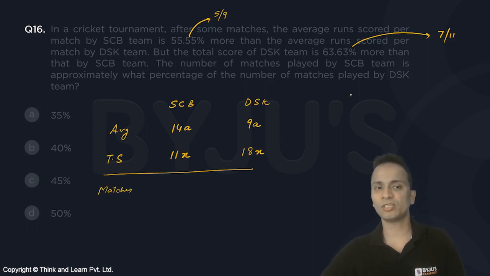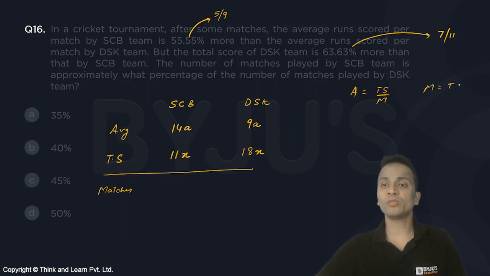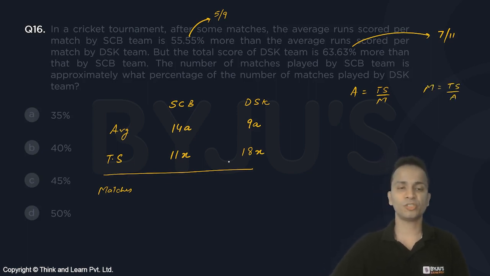Now using these two, we can calculate the number of matches, right? Now average is basically total score divided by number of matches. So number of matches will be equal to total score divided by average. Okay, so matches for SCB, total score divided by average, that is 11x upon 14a.